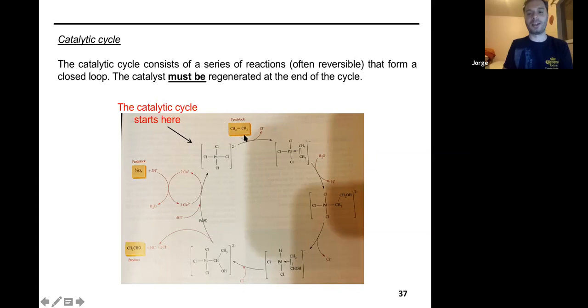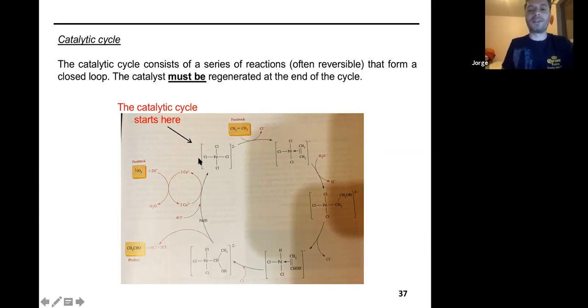Here we are feeding the system with CH2=CH2 and getting as the product CH3CHO, a conversion of a double bond into an aldehyde group.